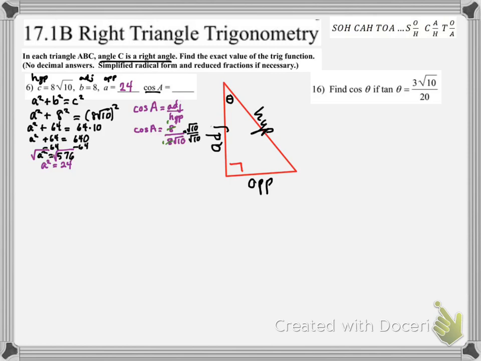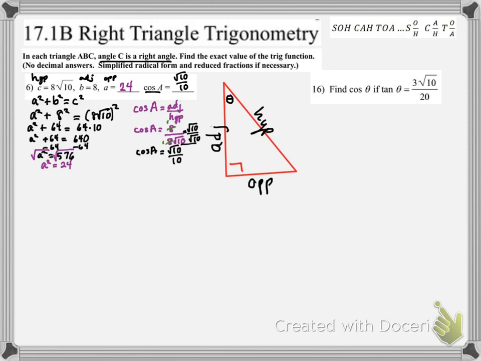Remember that when we multiply by root 10 over root 10, we're really just multiplying by 1. It makes the answer look different, but it still has the same value. So that I get cosine A equals 1 root 10 over root 10 times root 10, which is just plain 10. Up here, root 10 over 10.